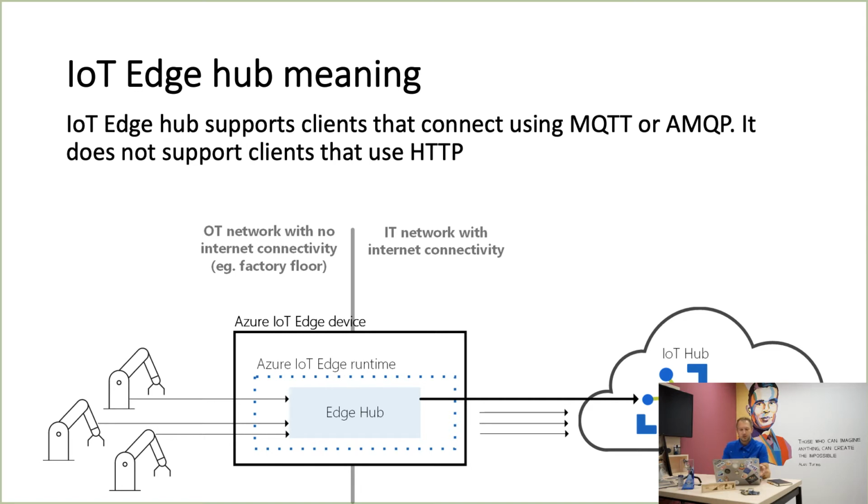Clients think that they have their own connection from the module to the cloud, but if you take a look inside this communication, it's only one physical connection, and all modules use the same connection.